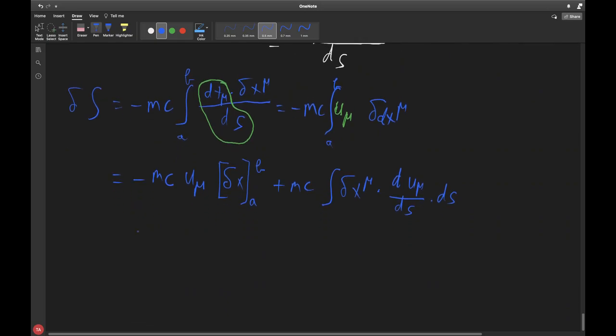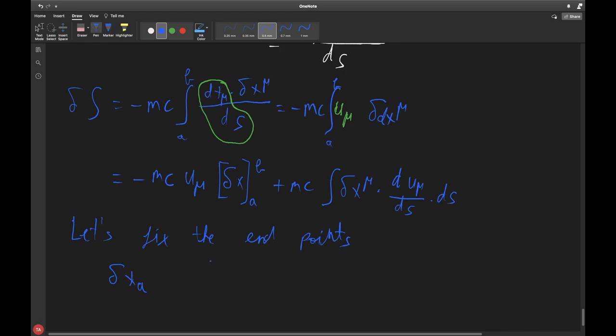However, when we do this, the endpoints are fixed. Let's fix the endpoints. So if we fix the endpoints, what's the change in them? What's the change in the x a if we fix them?